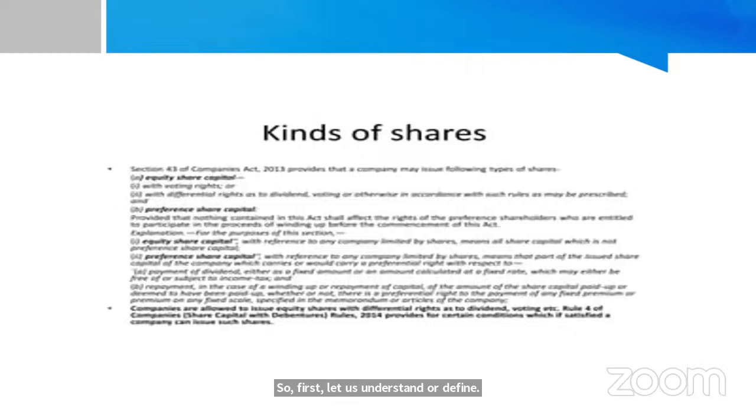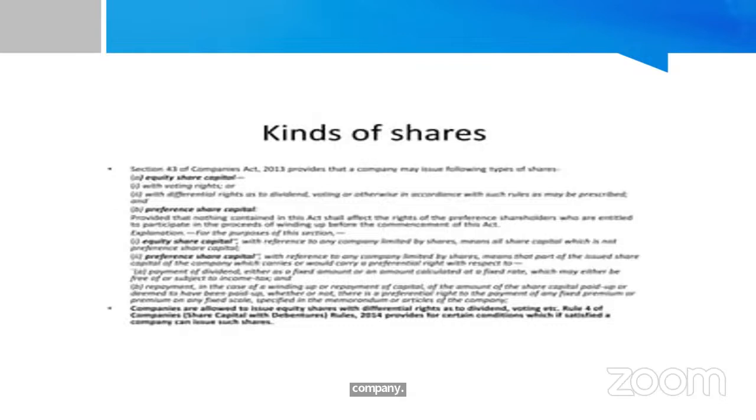Preference share capital is an instrument that has certain preferential rights. What is the preferential right? First is the preferential right for receiving dividend, and the preferential right for repayment during the winding up or the closing of the company. Okay. So there are two preferential rights.